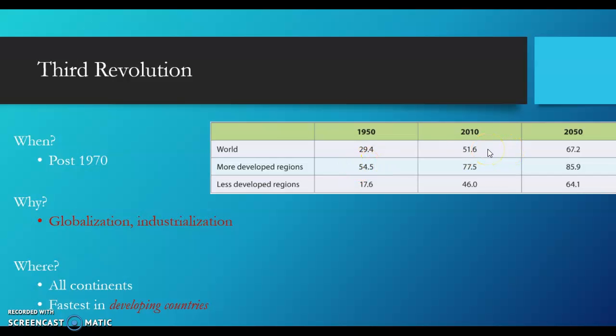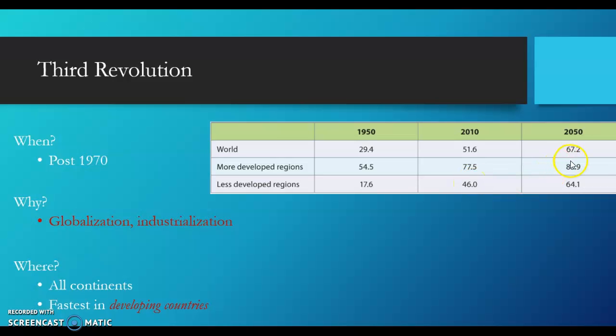At our previous census in 2010, just over 50% of people lived in cities. And in our more developed regions, it was over 75%, so 3 out of every 4 people. And in our developing regions, we see the rapid growth from about 1 in 6 to nearly half.